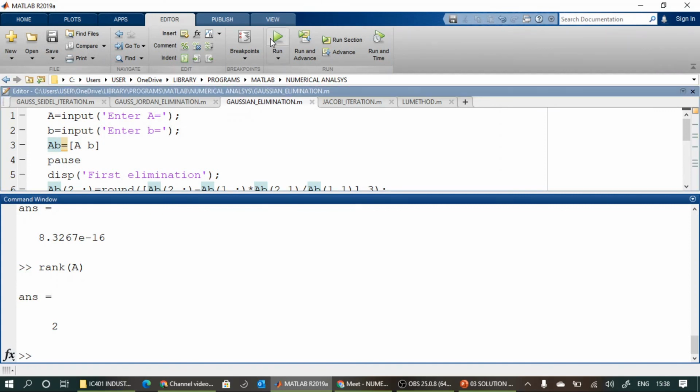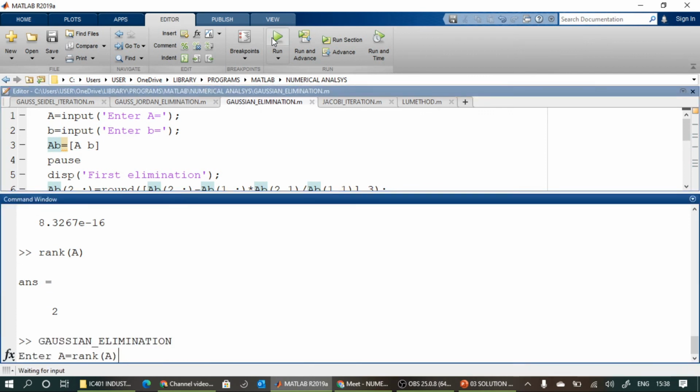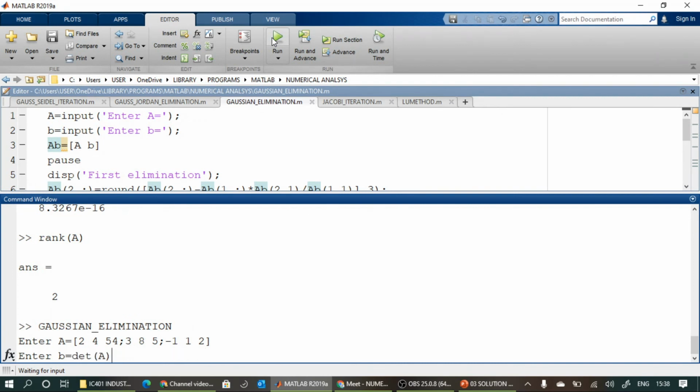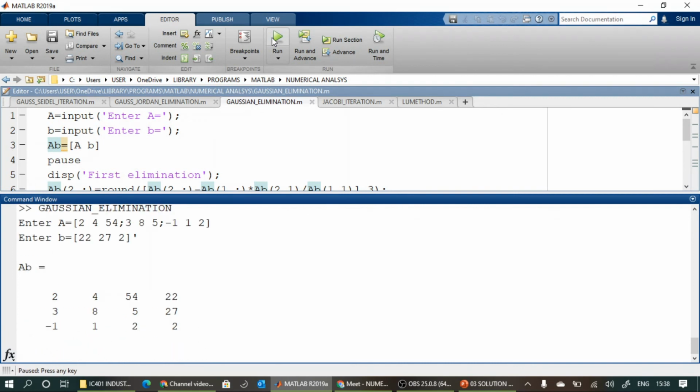Now one more R we can select, a very large value. So instead of this we can select something around 54, same B. So this is the augmented matrix. Now after first elimination: 2 4 54 22, 0 2 minus 76 minus 6, 0 3 29 30.